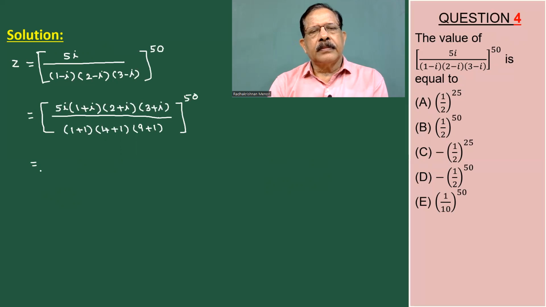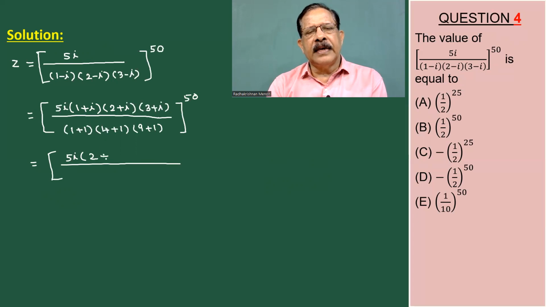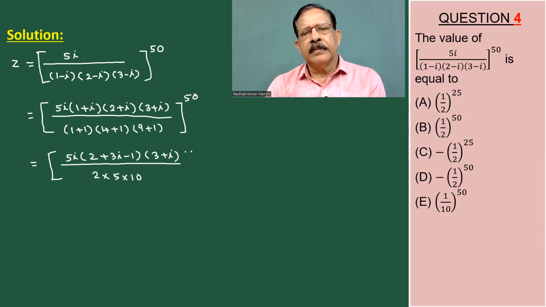Now in the numerator, we multiply and simplify. 5i into, multiplying the first two: 1 into 2 is 2, then 2i plus i is 3i, then you have i squared, which is minus 1, into (3 plus i). The denominator is 2 into 5 into 10, the whole raised to 50.